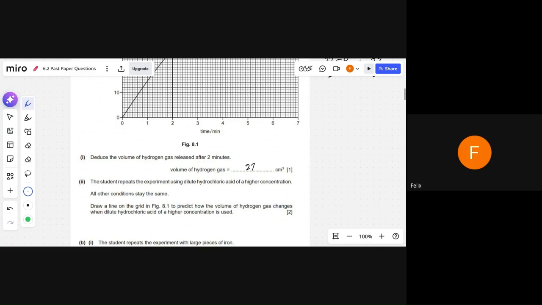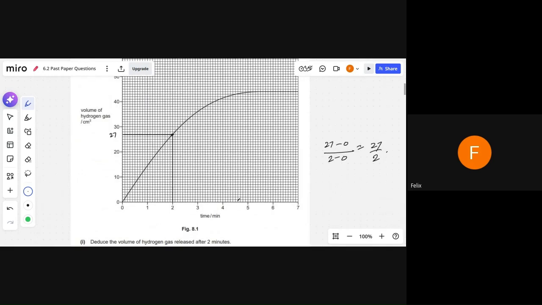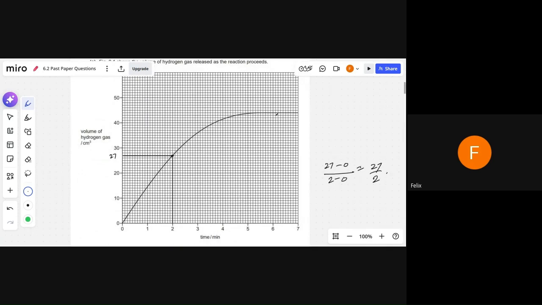So remember that the final volume of the hydrogen gas will remain the same, but the curve must be steeper, right?